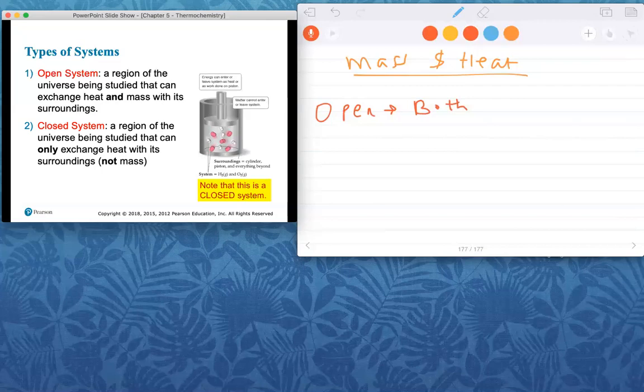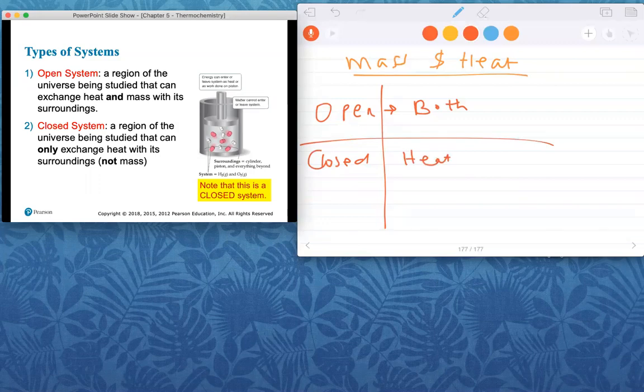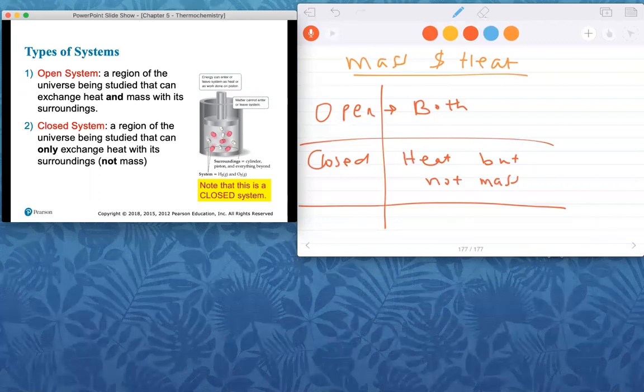So here is closed: heat but not mass. So if the heat is lost but no mass is lost, then we know that the system is closed. For example, here, note that this is a closed system.